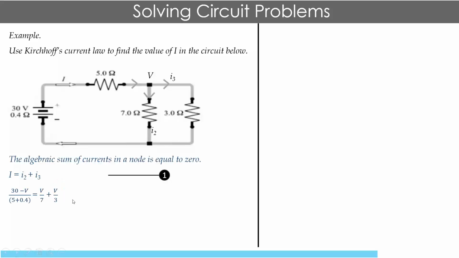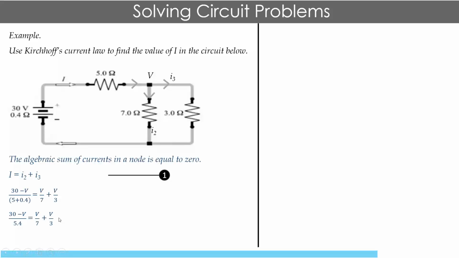So now that we've established that, we can resolve these fractions to get a more workable equation. So 5 plus 4 is 9. So we have that 30 minus V over 9 is equal to V over 7 plus V over 3.